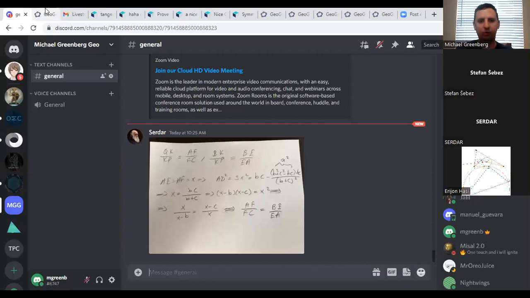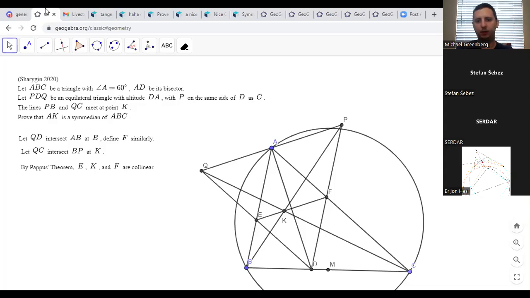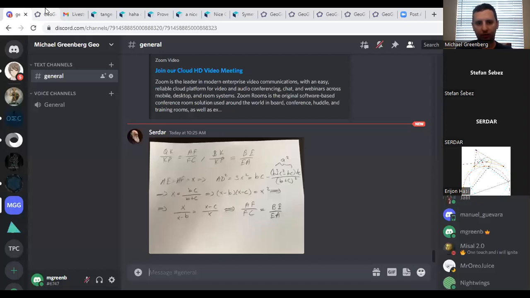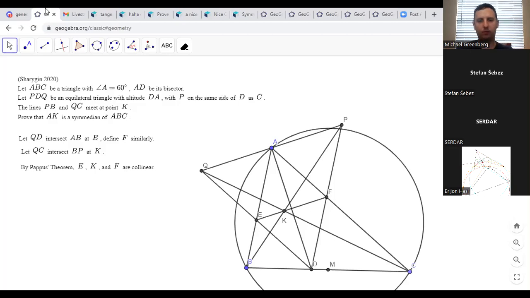Once we show that AF over FC equals BE over EA, what does that prove? It proves QK over KC equals BK over KP. Oh, okay. So QK over KC is BK over KP, and that means that these are parallel. I see how it goes.